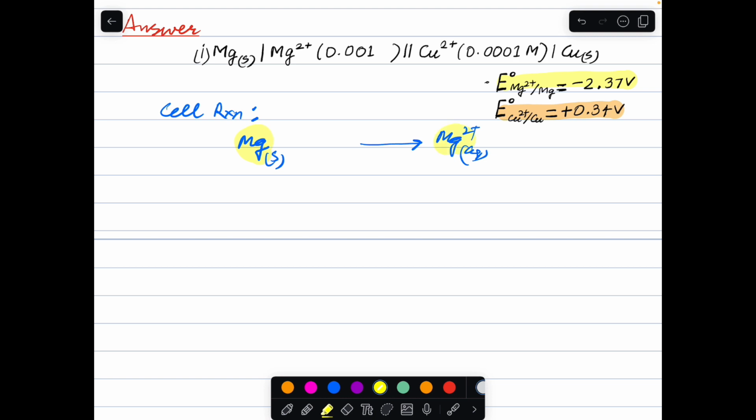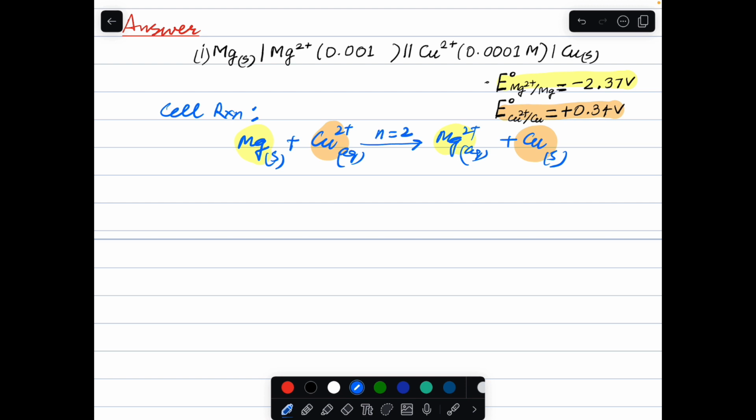And next, the second half cell is in the form of the copper electrode, and we have copper ions which are already present in solution. They are undergoing reduction to copper metal. So this is the reduction process, and since we have di-positive ions, the number of electrons involved is 2 for this reaction.